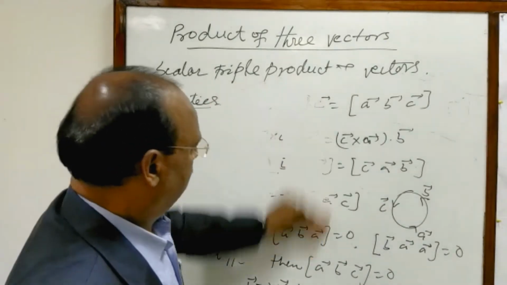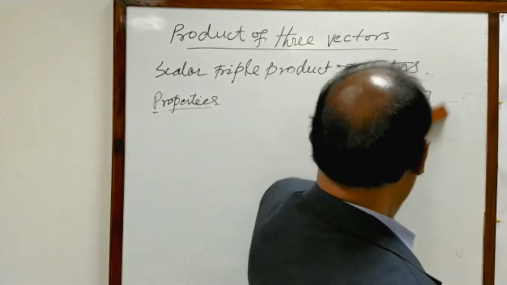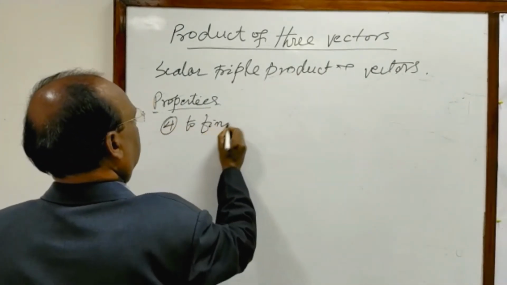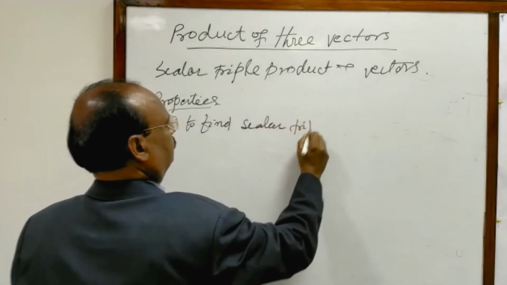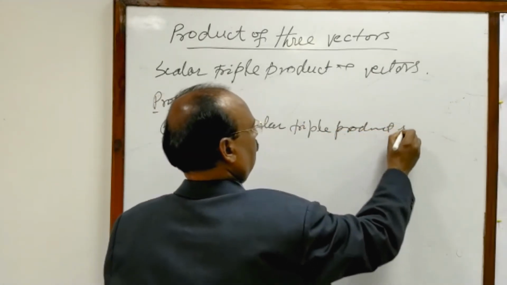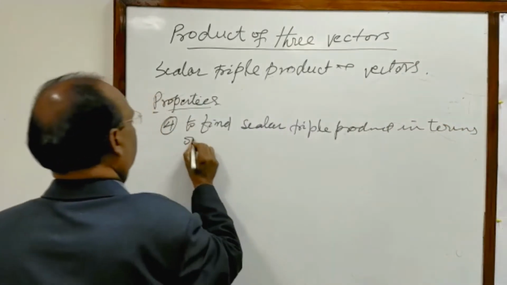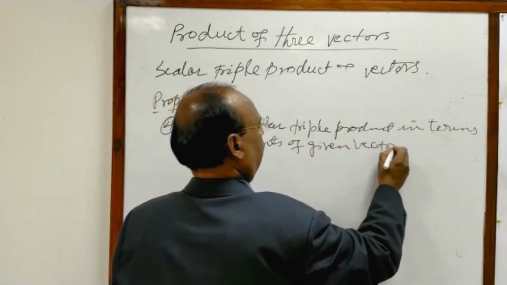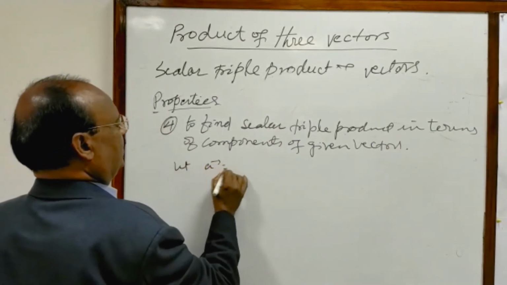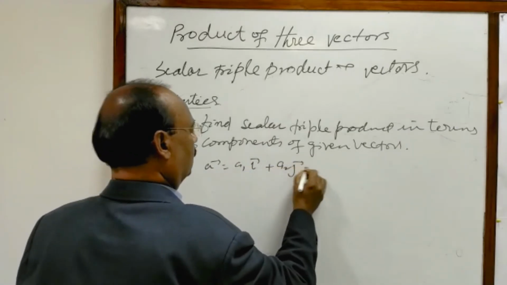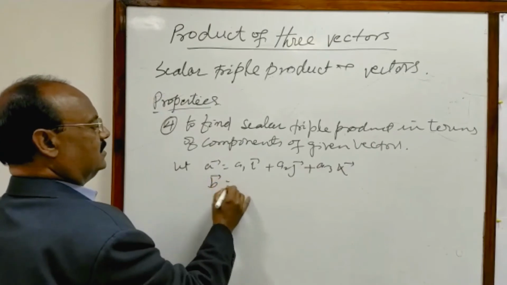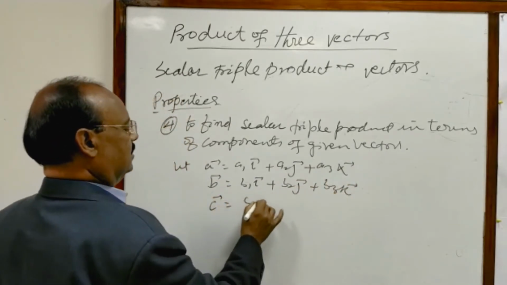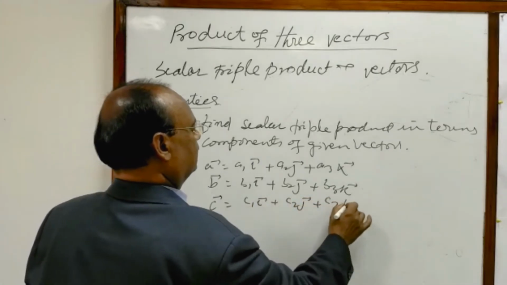Now, let us see the fourth property. To find a scalar triple product in terms of components of given vectors. Here, let vector A be A1 i plus A2 j plus A3 k. Vector B is B1 i plus B2 j plus B3 k, and C is C1 i plus C2 j plus C3 k.